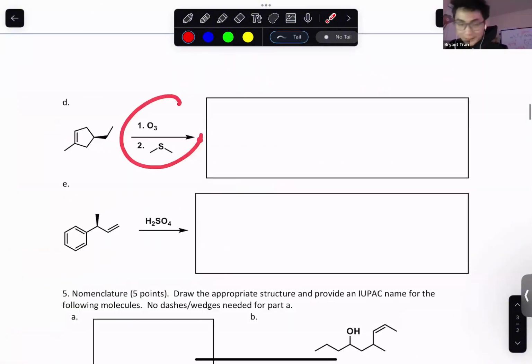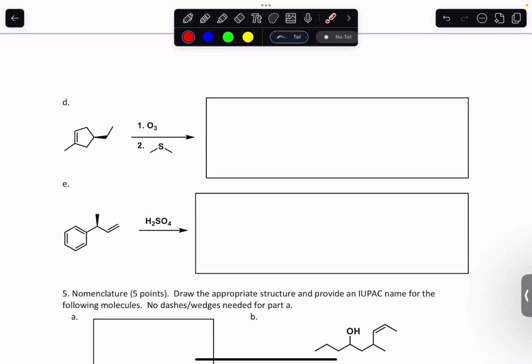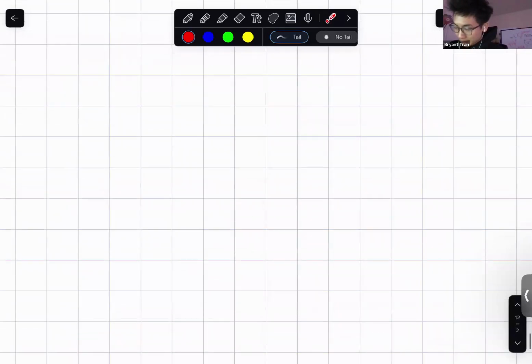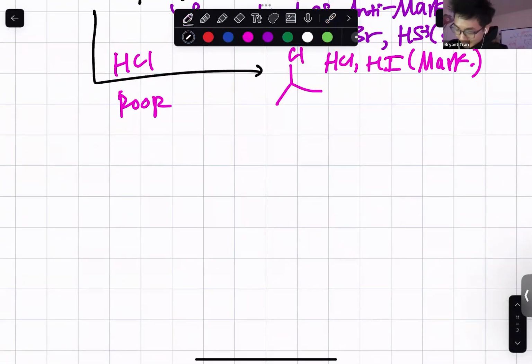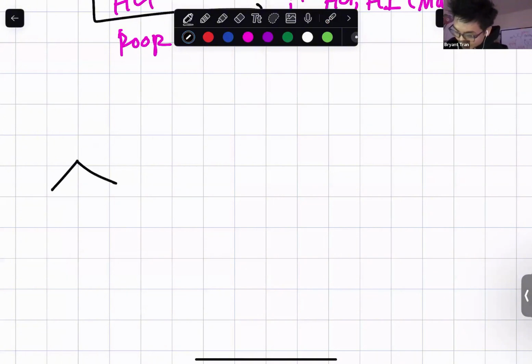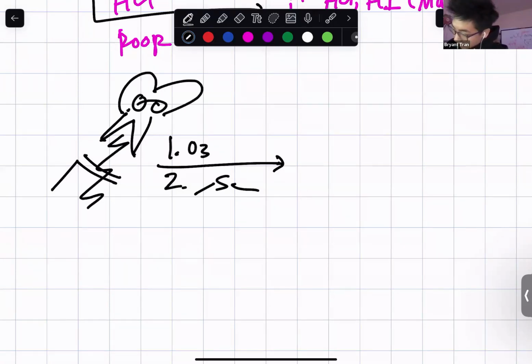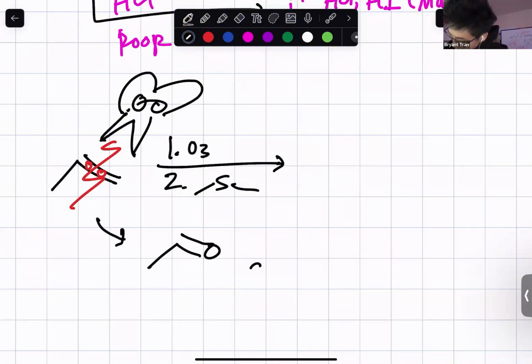Have you learned about ozonolysis yet, that reaction? Yeah, I think so. That was the cutting up the alkene in half reaction. That's my favorite alkene reaction, because when you have any sort of alkene and you react it with two steps, first step O3, second step dimethyl sulfide, think of this reaction as the scissors reaction, where you have a pair of scissors and you cut this double bond in half and put oxygens in the middle to get these final products.